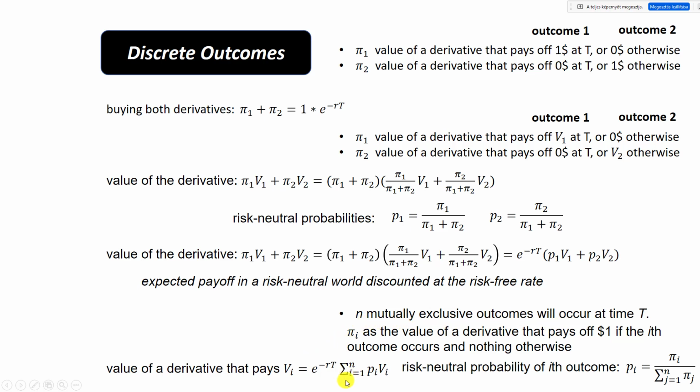Then it means that we have to have this again weighted average thing, and still we have to calculate its present value. So I think after that it is obvious that we are moving from cases 1 and 2 to i, or n, because i can be everything from 1 till n.